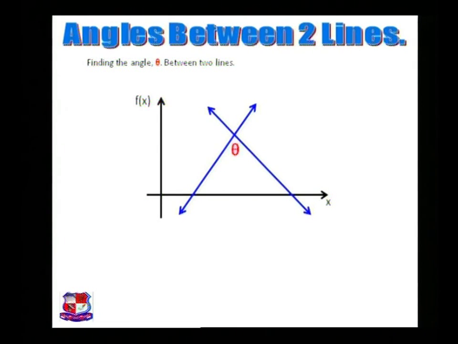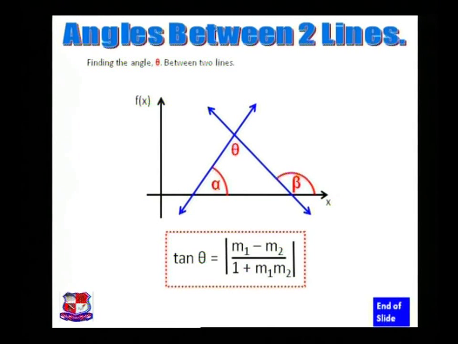So if the angle between these two lines is theta, then tan theta is given by the modulus of (m1 minus m2) upon (1 plus m1 into m2). Note that the angles with the axes are alpha and beta, and the slopes of the lines are m1 and m2.